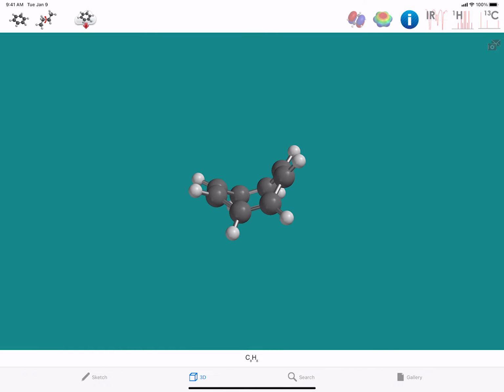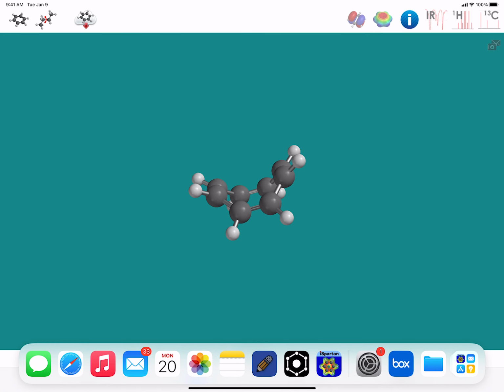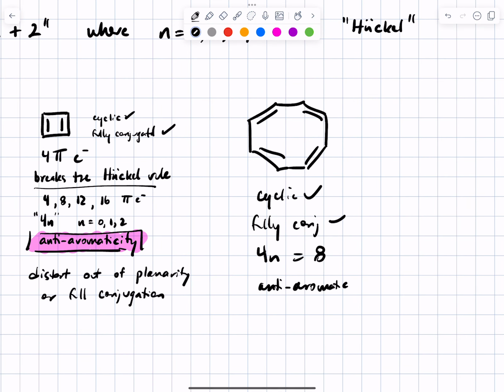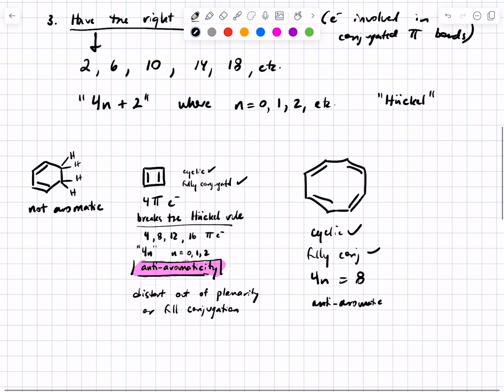Do you see it? The 2 flaps on either side actually tip upwards, so now it's not planar anymore. That breaks some of the conjugation and again prevents anti-aromaticity. So far, it's not at all clear why 4n pi electrons is bad. The concept actually isn't that hard to get. We'll need to talk about the pi orbitals.